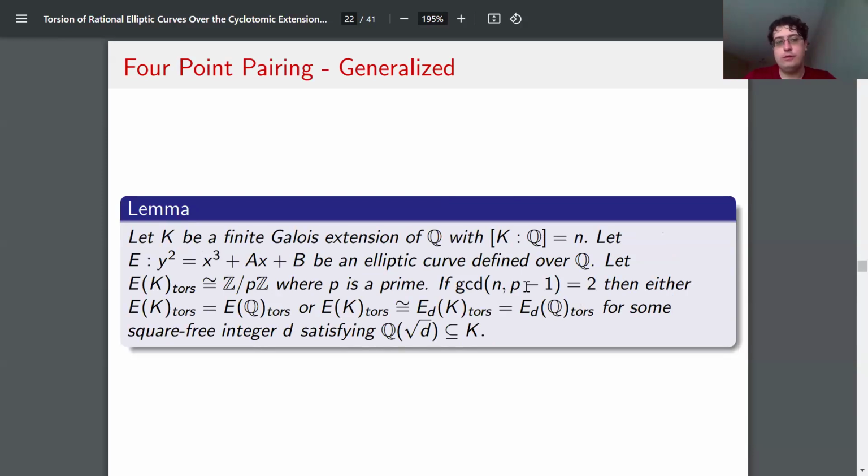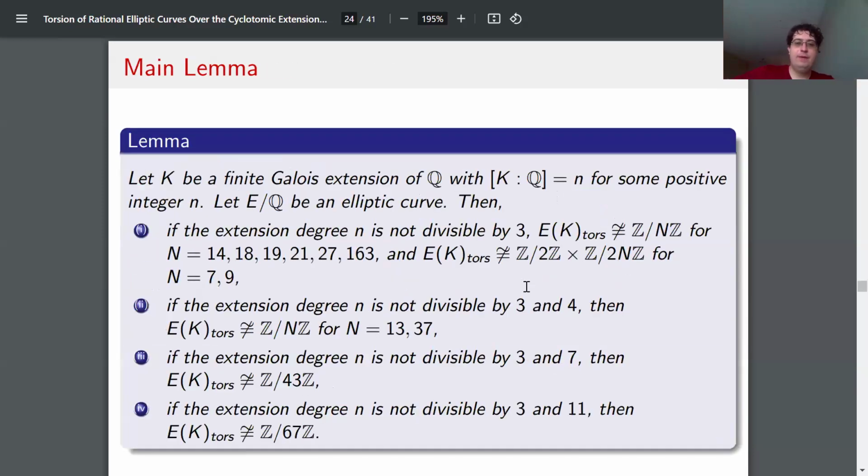So it still holds. And by using this, we can prove lots of things under lots of conditions. For example, if I take a Galois extension of Q, E over Q, and the extension degree is not divisible by 3, then the E(K) torsion cannot be Z/n for n equal to 14, 18, 19, 21, etc.